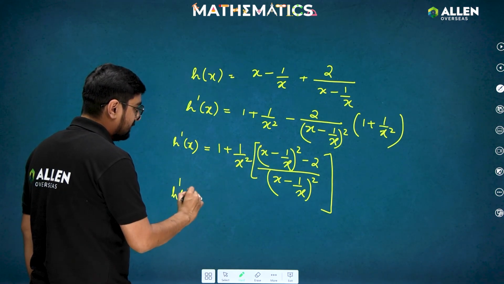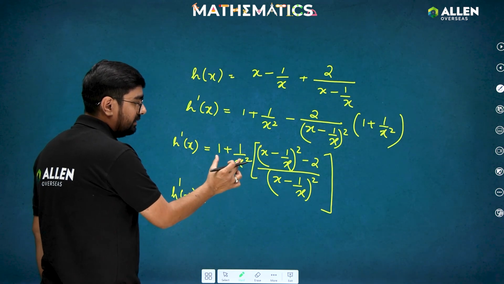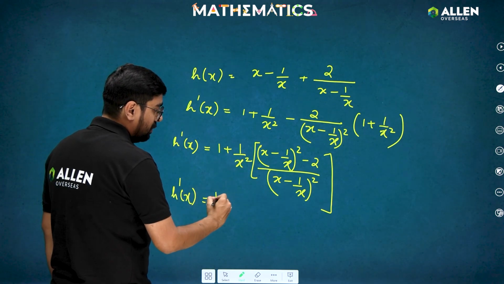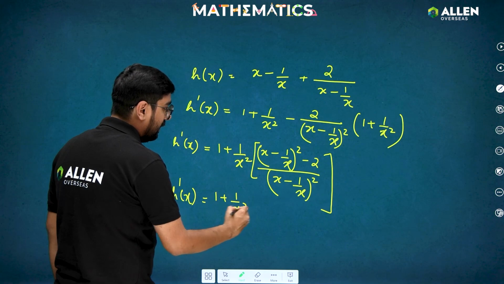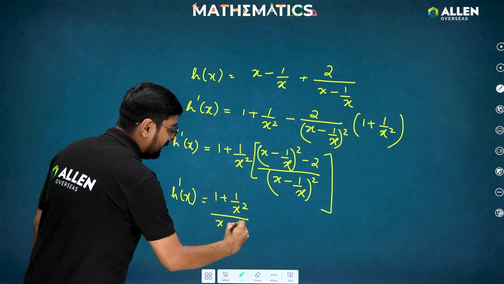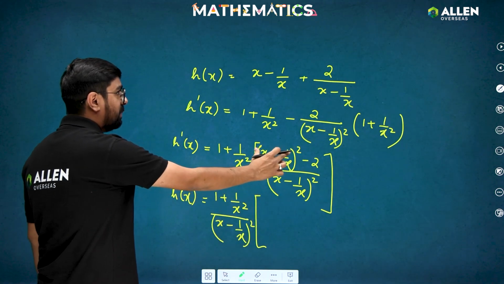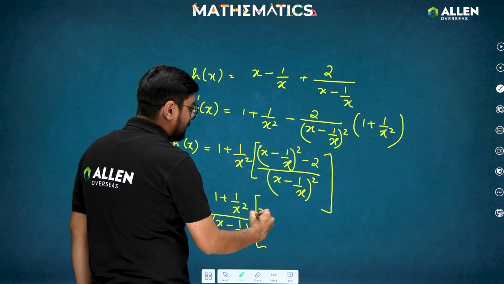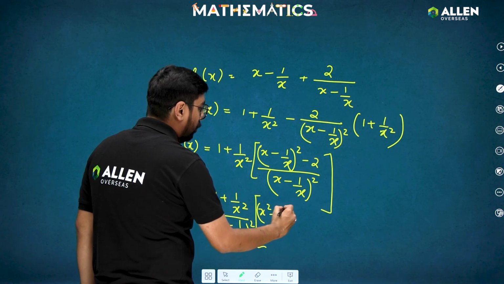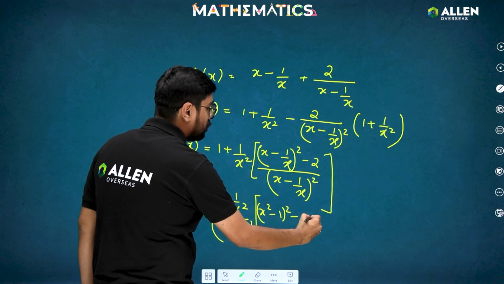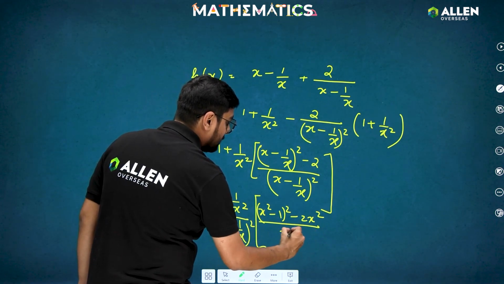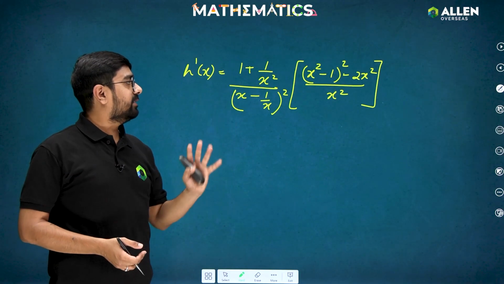Now that I've taken this common, I'm going to shift this 1 plus 1 by x square divided by x minus 1 by x whole square out, and this part will get simplified to x square minus 1 whole square minus 2x square divided by x square. Now my h dash x is this.